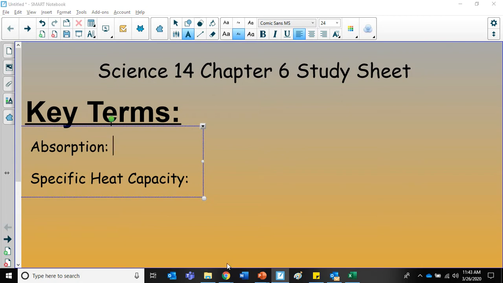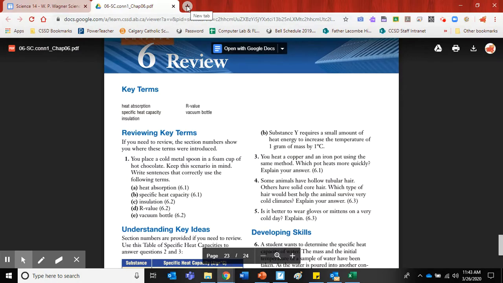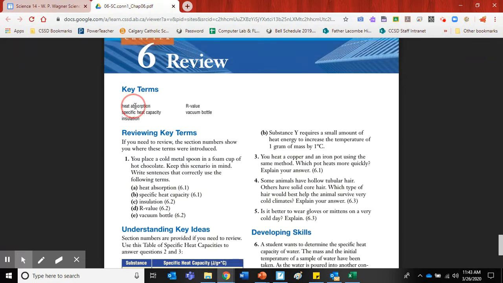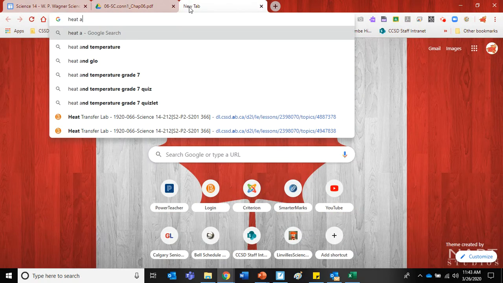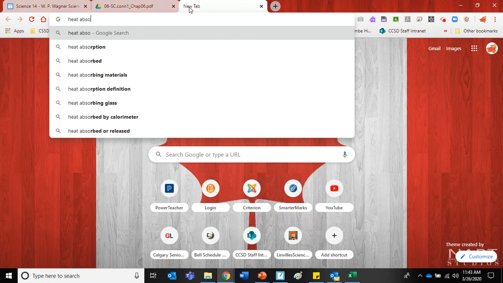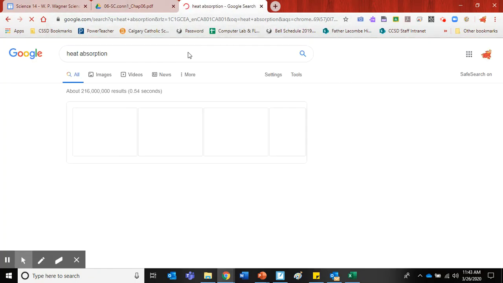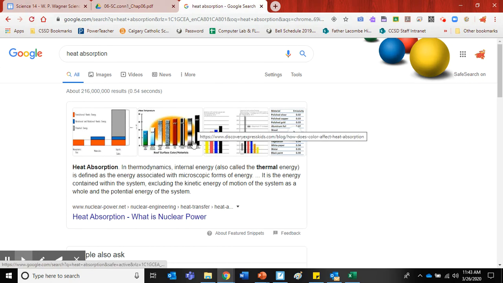So I flip back to my web page, and the first thing people are going to do is look up heat absorption. And they type it in, heat absorption. We wait a bit and we see a lot of these graphs, and in thermodynamics, internal energy.